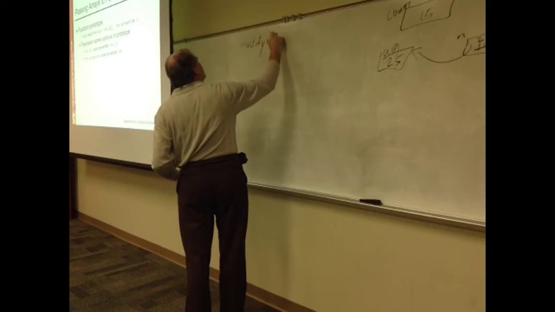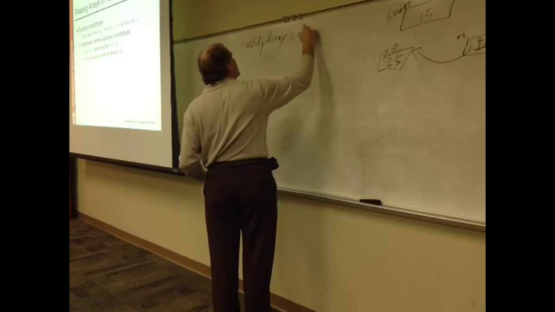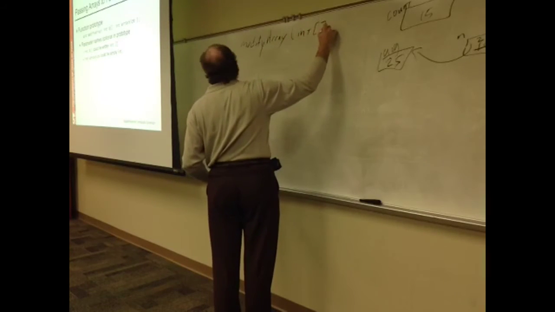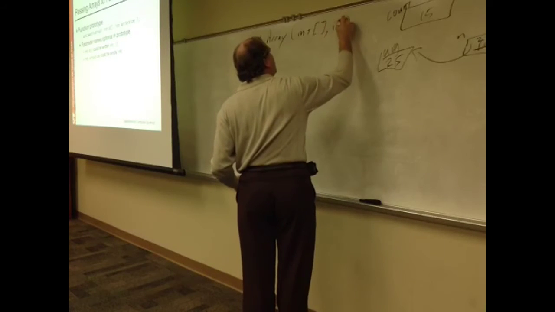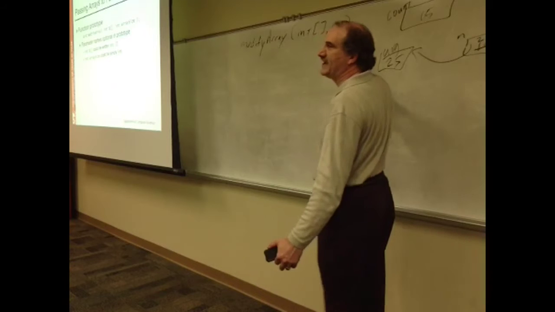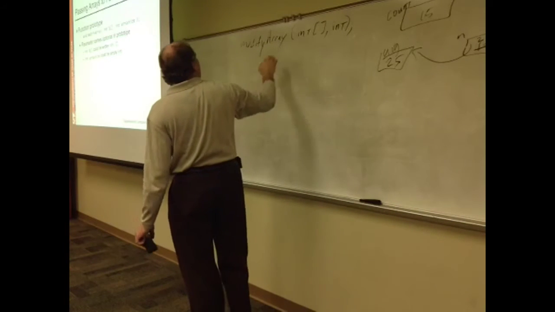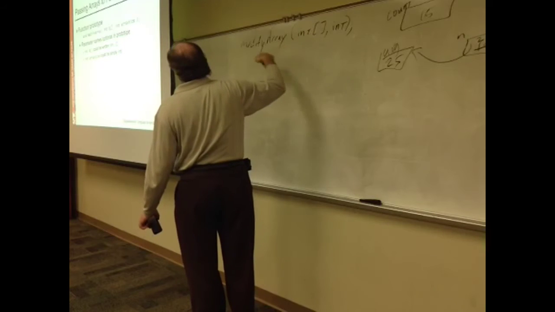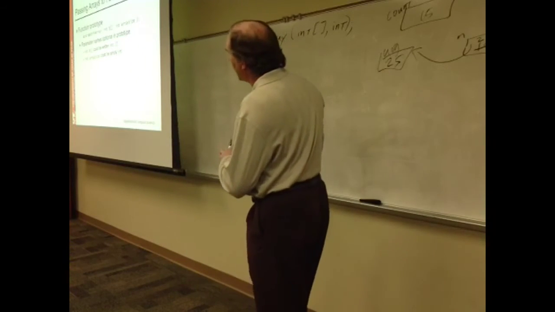Modify. Array. In array, comma, int. Once again, that's for the prototype, because when you actually define your function, is when you would say, we're going to call him B, we're going to call him int array size.